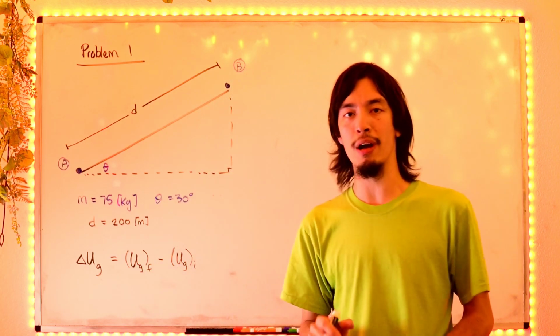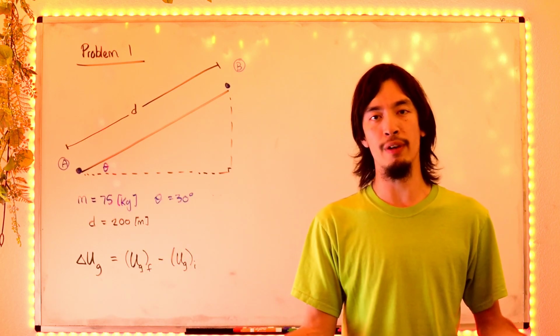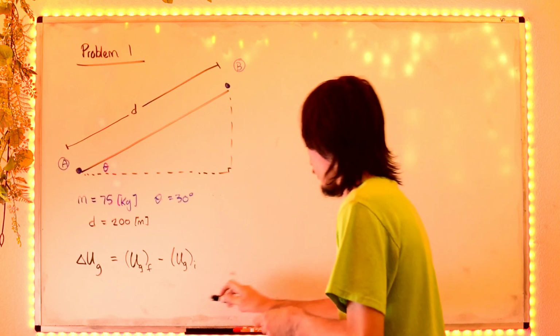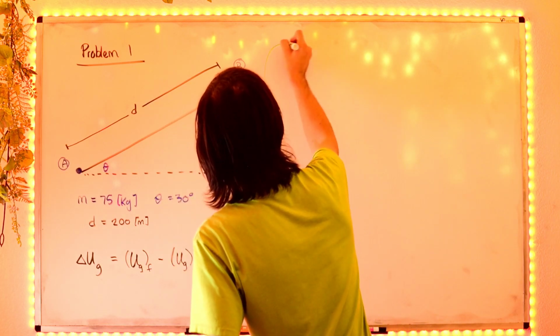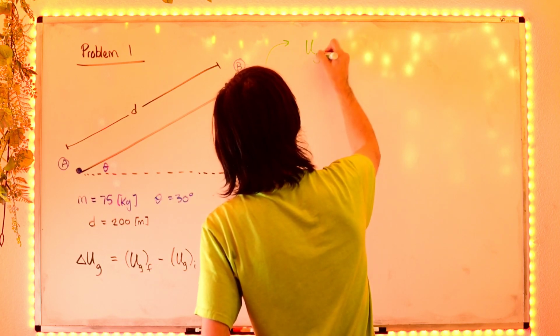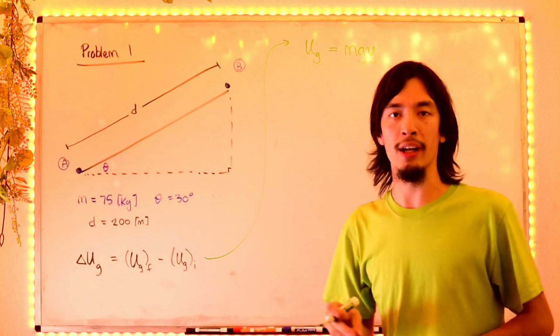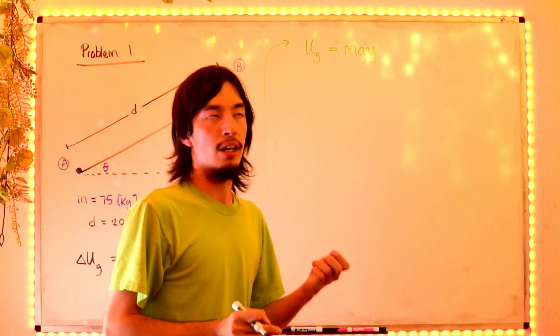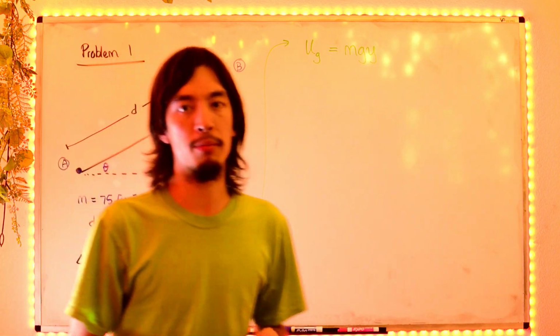This is the easiest route if you know the information about the initial and the final. Now the gravitational potential energy itself is equal to mgy, or mgh. So it's purely based on the height in these problems.